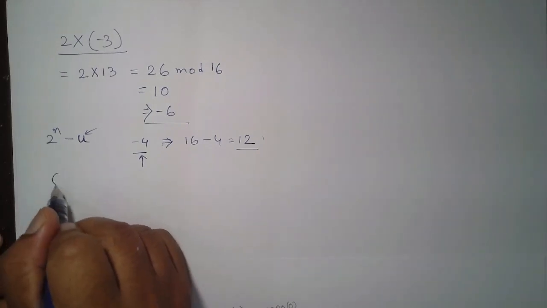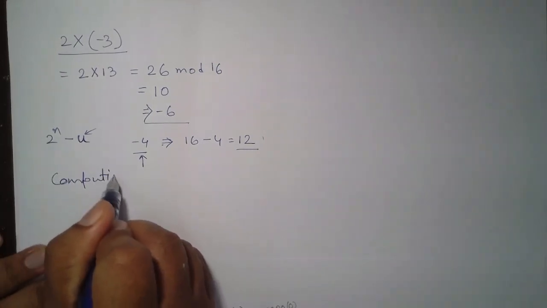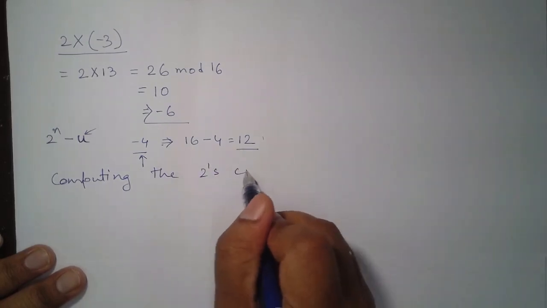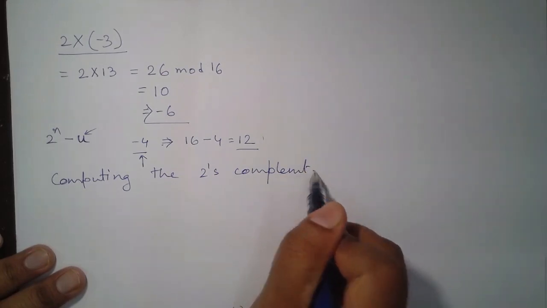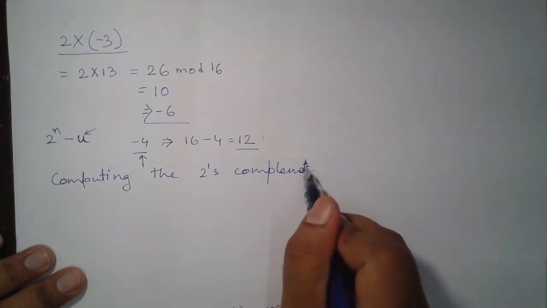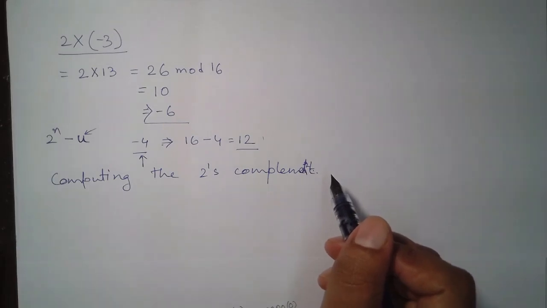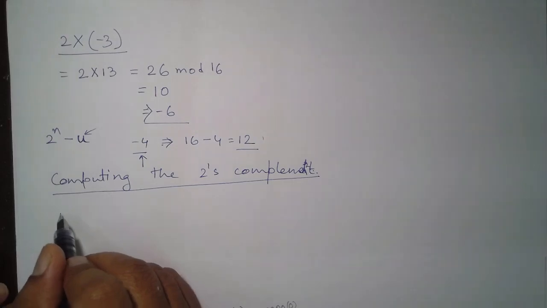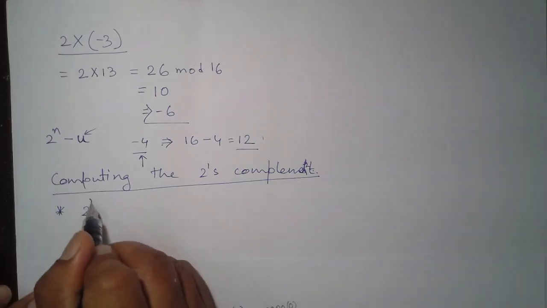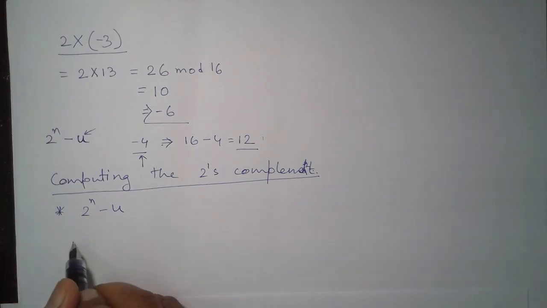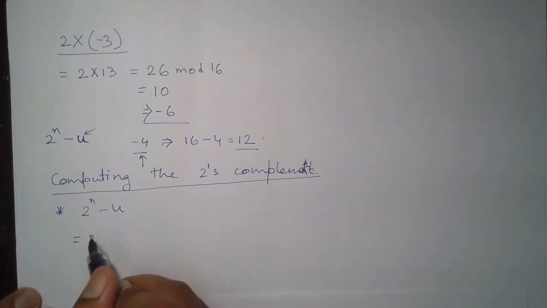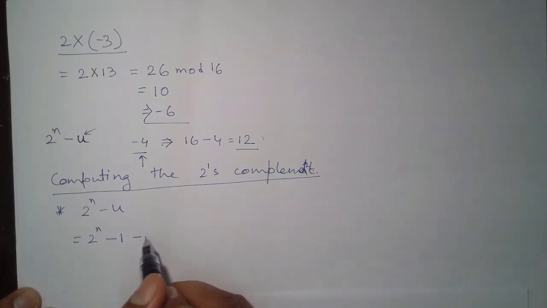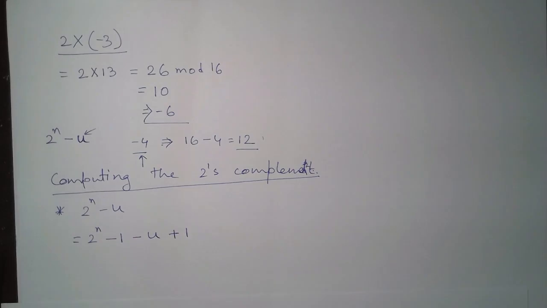So is there an easier way of computing this 2's complement? The 2's complement representation is given as 2 to the power n minus u, which I can also write as 2 to the power n minus 1 minus u plus 1.